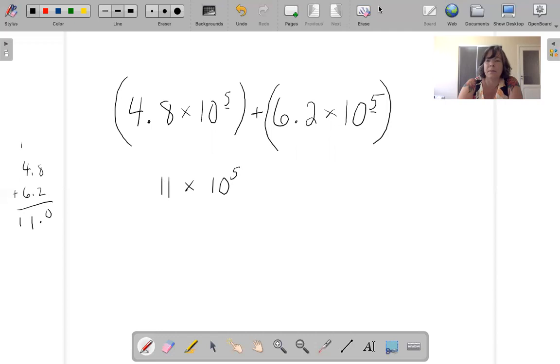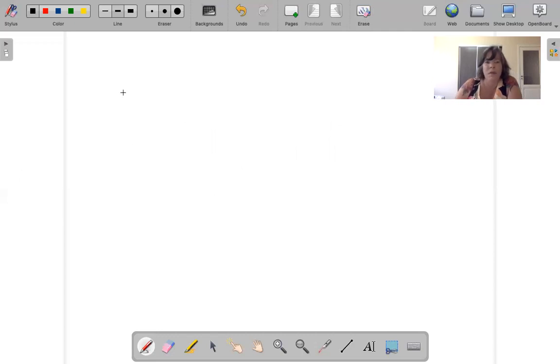Let's do another one. I don't know, 9.7 times 10 cubed plus 2.2 times 10 cubed. They're the same, exponent's the same.